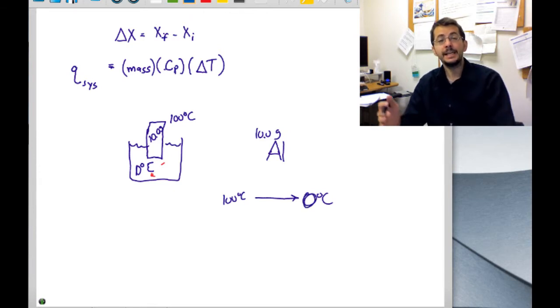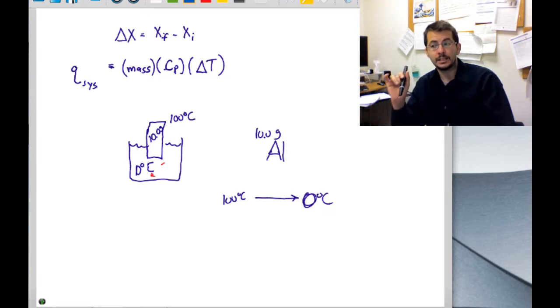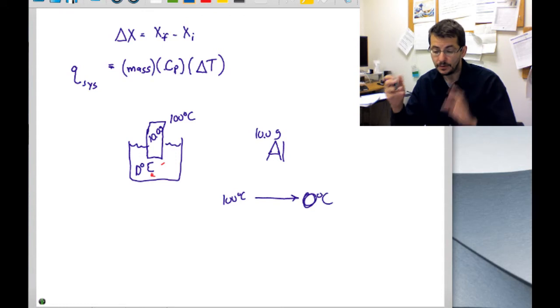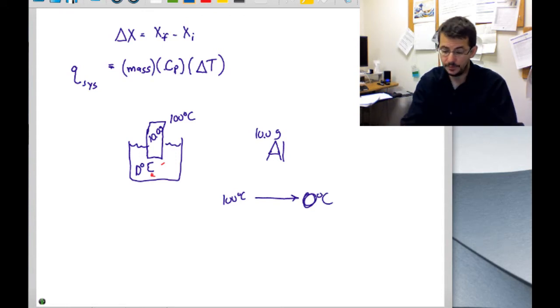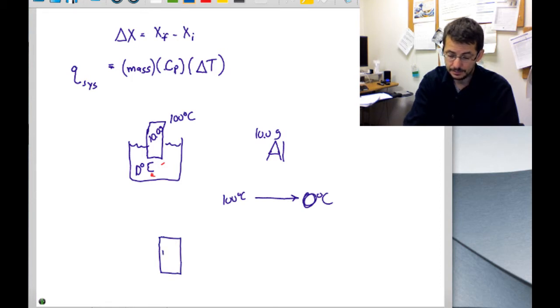So the change in the heat of the system, delta E, would represent a loss of thermal energy from the system, the aluminum. The aluminum starts hot and ends up going cool. And that heat is lost to the surroundings.